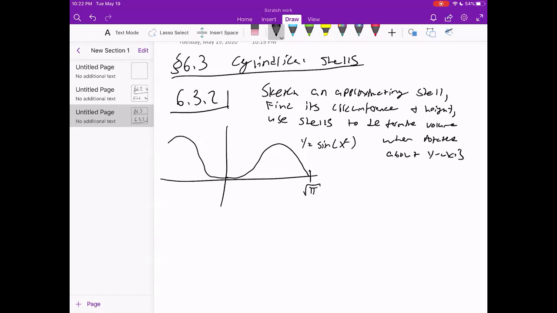So what we're doing here, and this looks like one of the examples in the notes, is I'm going to rotate this thing and get something that when cut in half looks like this. The typical approximating shell is this almost hollow cylinder that looks something like this.